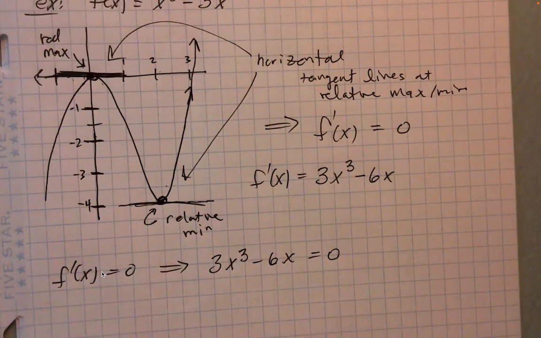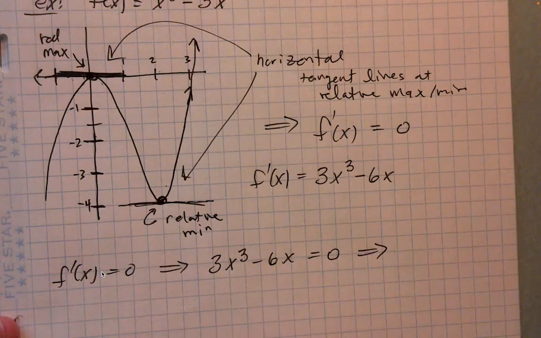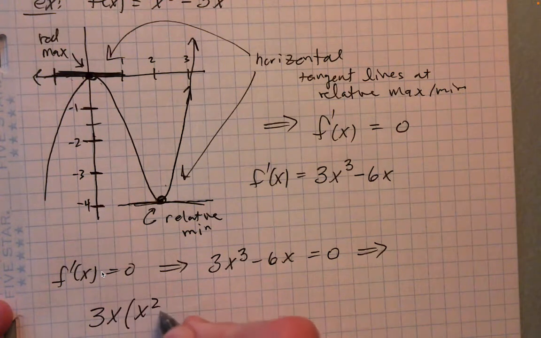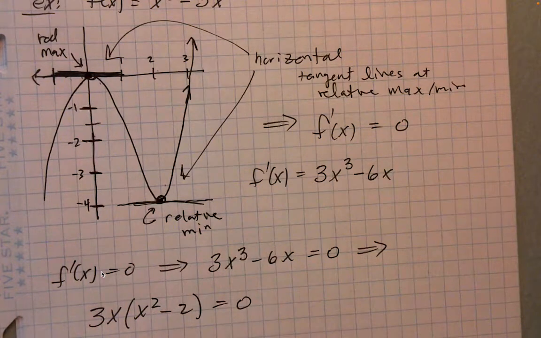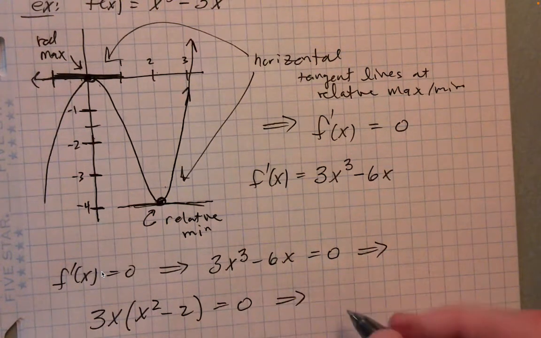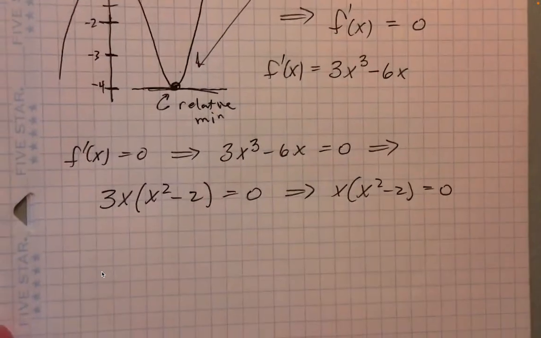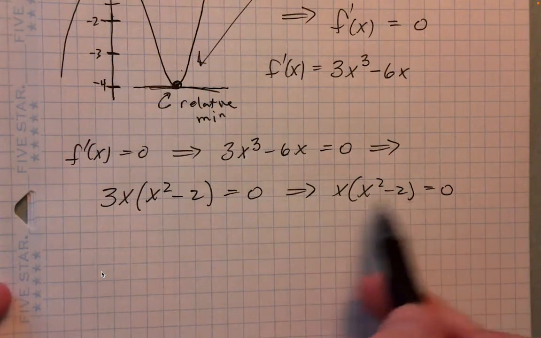Can we solve this equation? Yes, we can. We'll do some factoring here, factoring out the 3x, and we get x squared minus 2 equals 0, right?